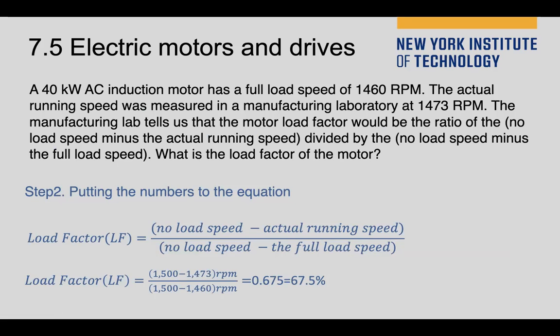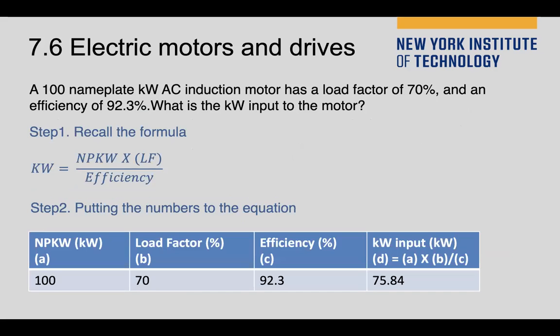No, it's good. Okay, so now we are going to take a look at 7.6. A 100 nameplate kilowatt AC induction motor. That means the nameplate states that it is 100 kilowatt and has a load factor of 70% and the efficiency is 92.3%.